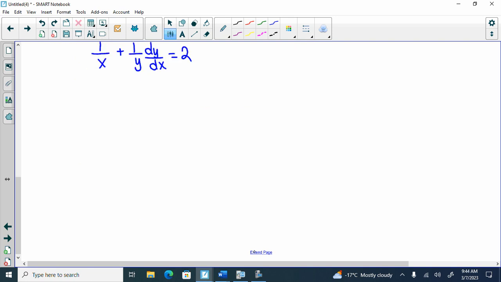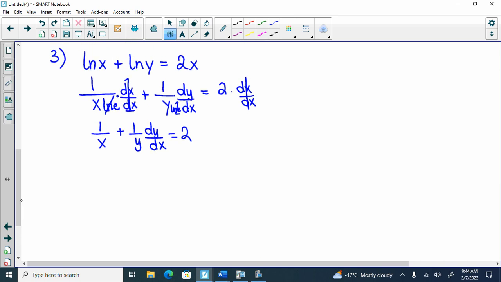What must I do then? So, I'm going to go 1 over y, dy over dx, equals 2 minus 1 over x. Then what do I have to do? Multiply by y.